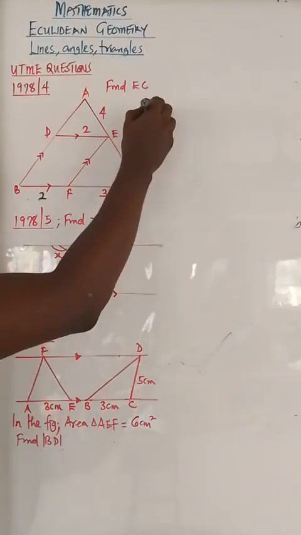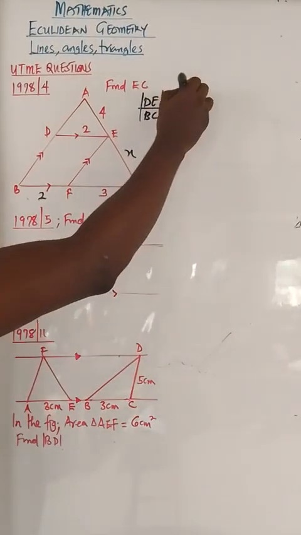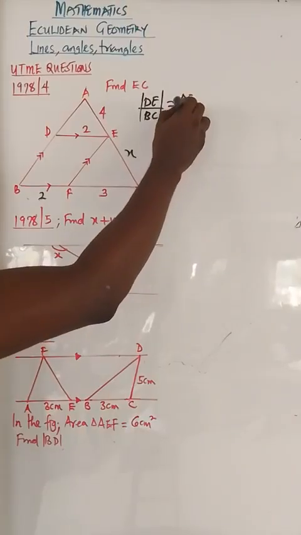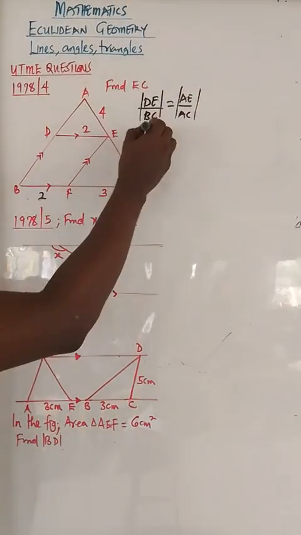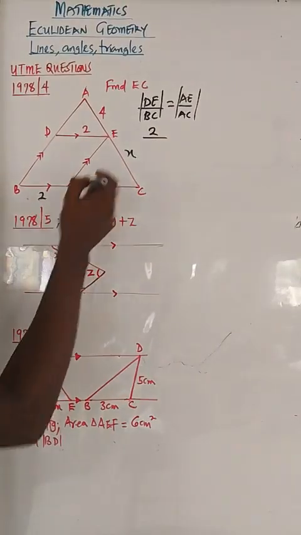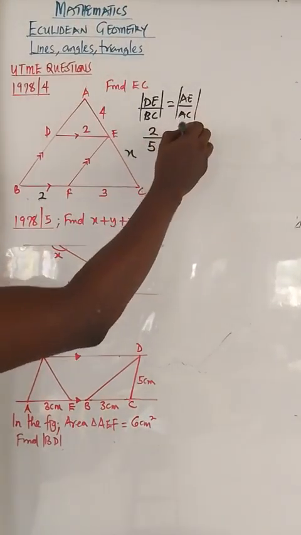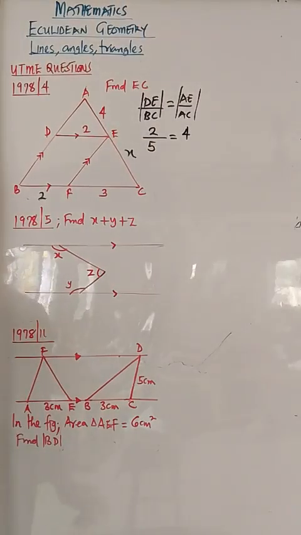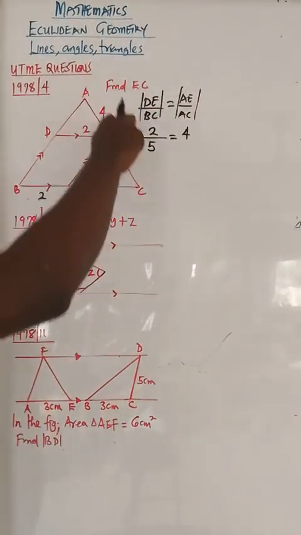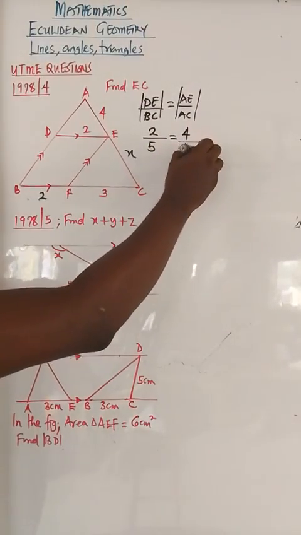DE over BC must be equal to AE over AC. So what's DE? 2. BC, 2 plus 3, 5. AE, 4. Then we are looking for EC. So what's AC? AC is 4 plus X.